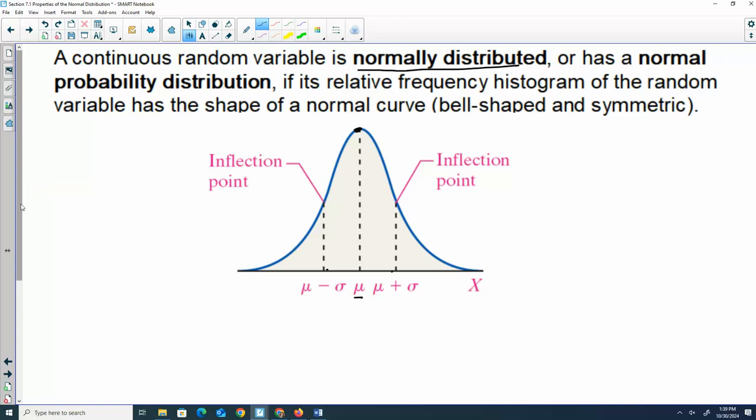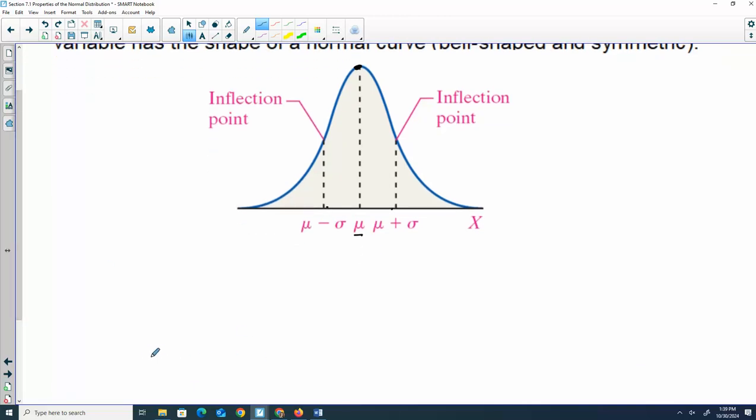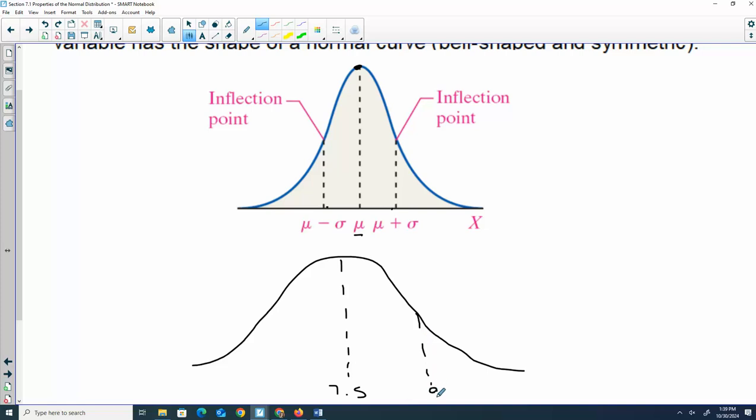For example, let's say I threw a curve up here. We're going to do another one like this in a second. But if I said this was the curve, and this was a normal distribution, can you tell me what the mean of this is? 7.5, it's the center.